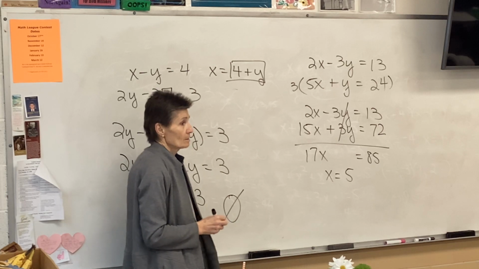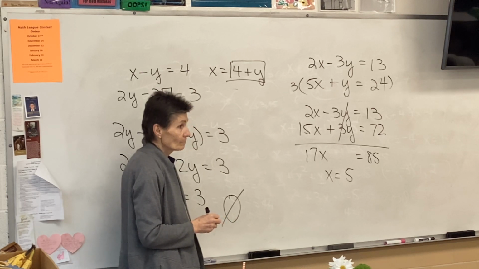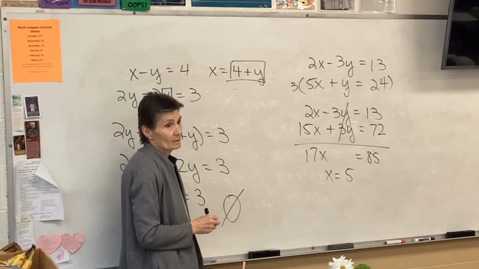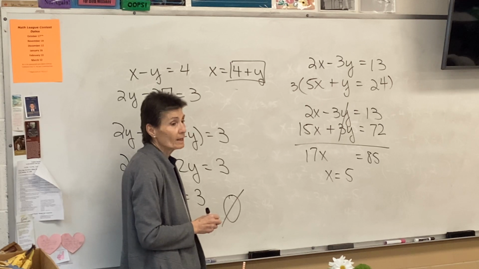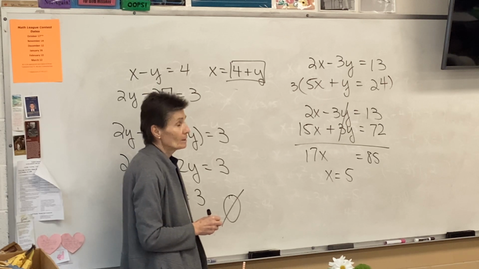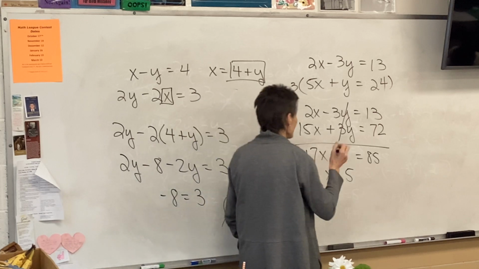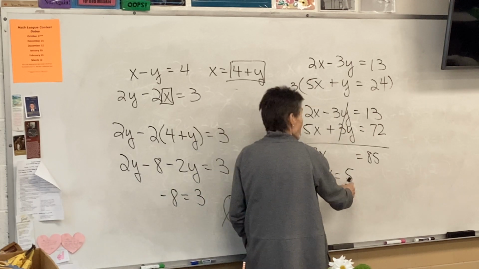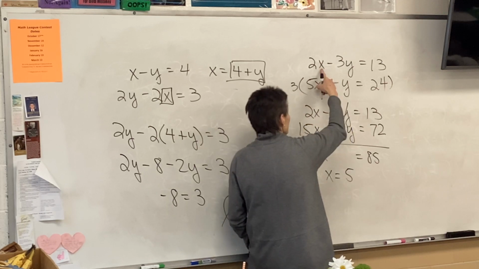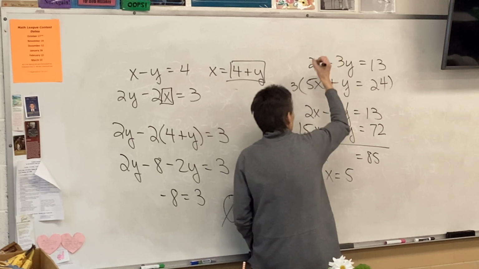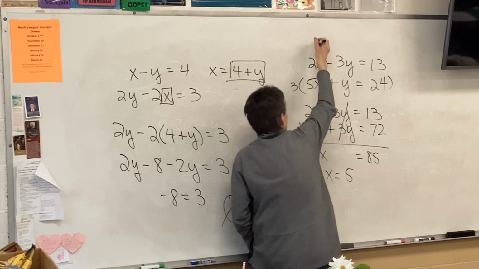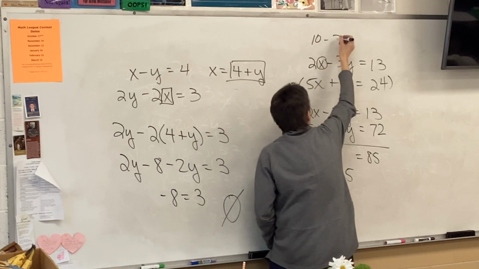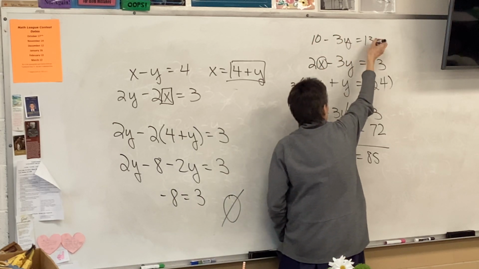So x equals 5. And then just like before, we're not done. What do we have to do? Go back, and I can't emphasize enough, guys, no one cares, plug it back in somewhere. Now it's an x value, so make sure you're plugging it in for x. So if I put it in right there, it's going to say 10 minus 3y equals 13.